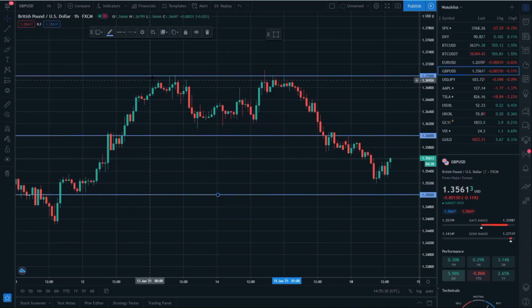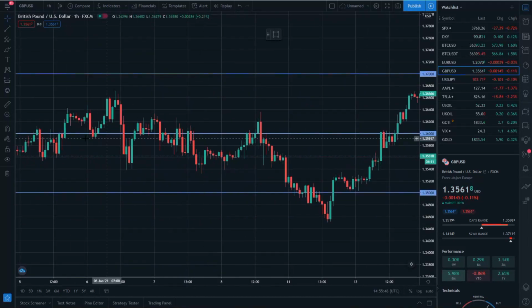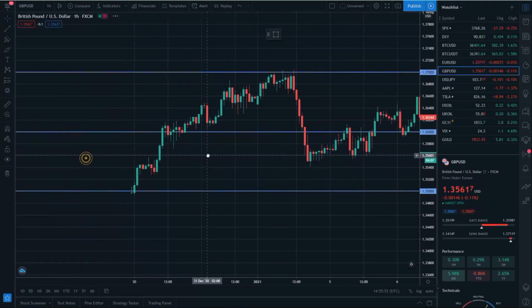If you look at this, it didn't really touch this key level, but then it went all the way up again. It touched this key level and went back down, consolidated at this level again, retested, went down again, and then went up again. You notice this on and off very evidently across the chart.